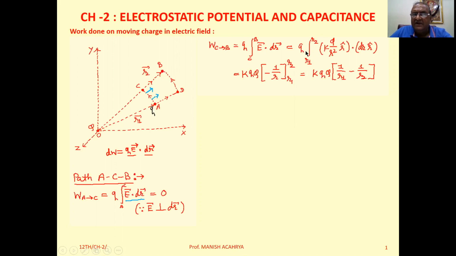Now the electric field at a distance R is KQ upon R square, and in vector form we can write KQ upon R square R caret dot dr, that is dr into R caret, because here the electric field and the displacement of our charge small q are both in the same direction.